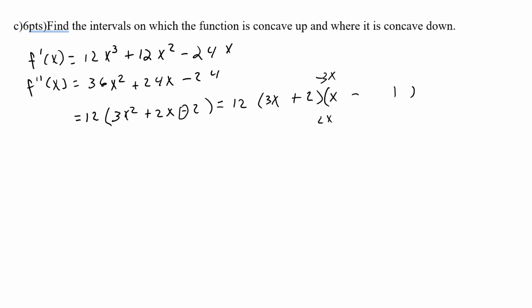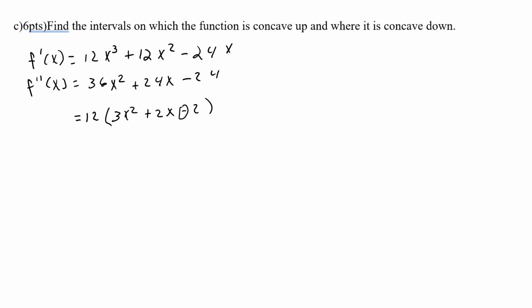The critical numbers for this one cannot be found just by factoring like we did in the first one. But you have a quadratic, and you can find the zeros of this using the quadratic formula.